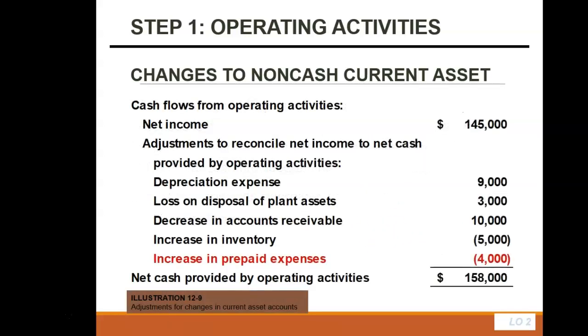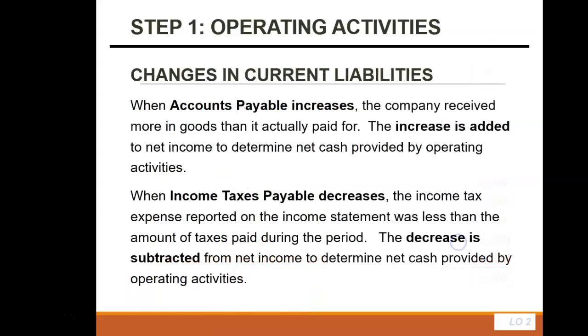So for our illustration, we had an increase in prepaid expenses of $4,000. Therefore, that increase is subtracted from our accrual-based net income to determine our cash-based net income.